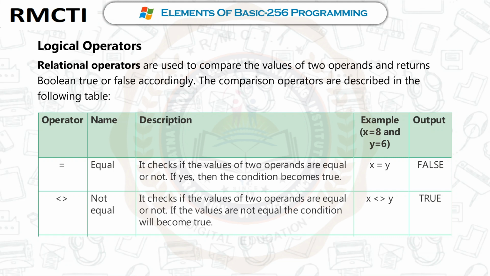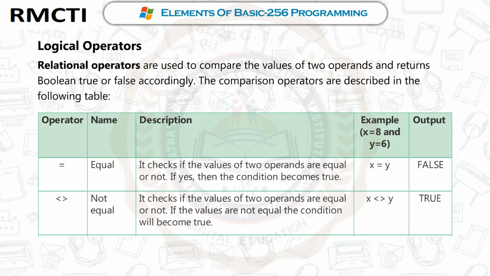Output. Is equal to, equal. It checks if the values of two operands are equal or not. If yes, then the condition becomes true. x is equal to y. False.